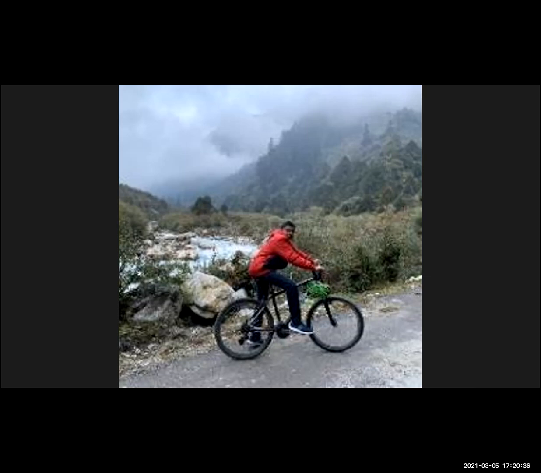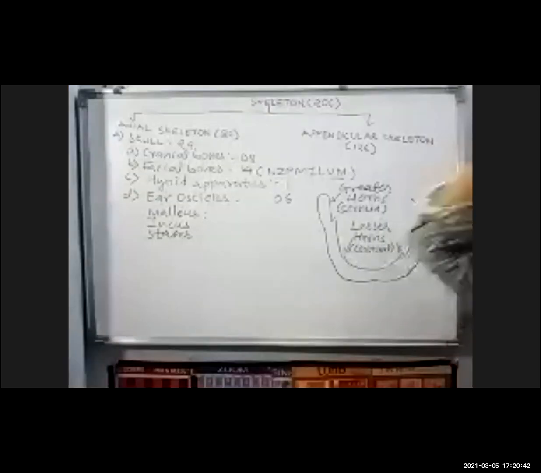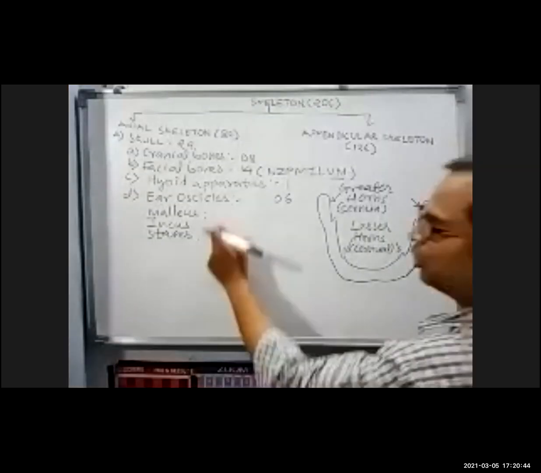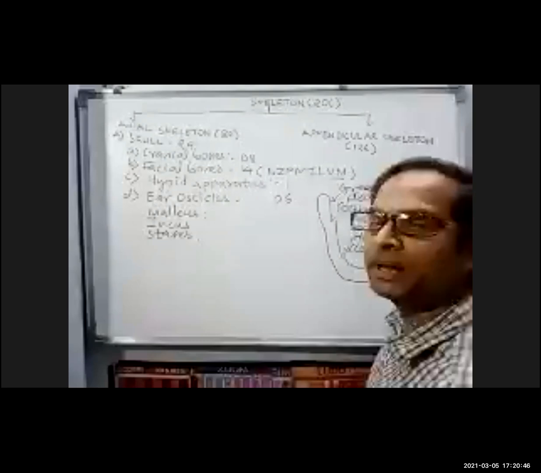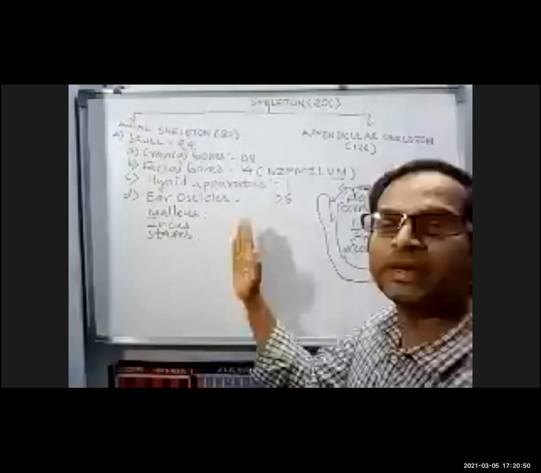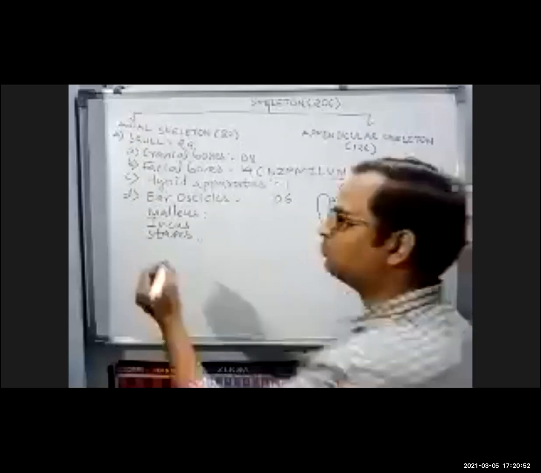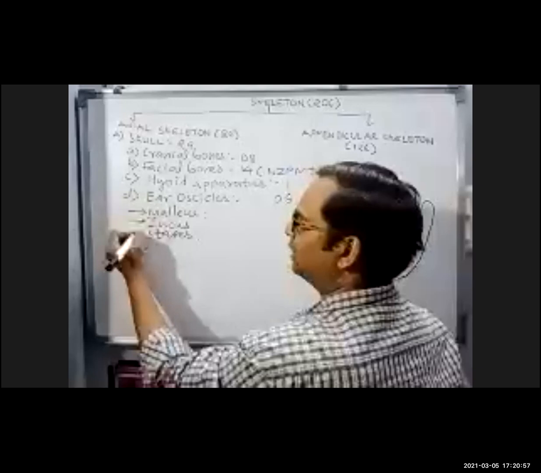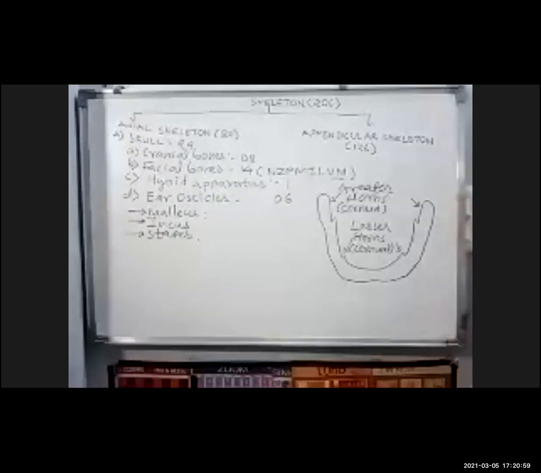Always in the same order behind the tympanum. Tympanum is our eardrum. So behind our eardrum these 3 bones will be in order. First bone will always be malleus. Second bone will always be incus. Third bone will always be stapes.